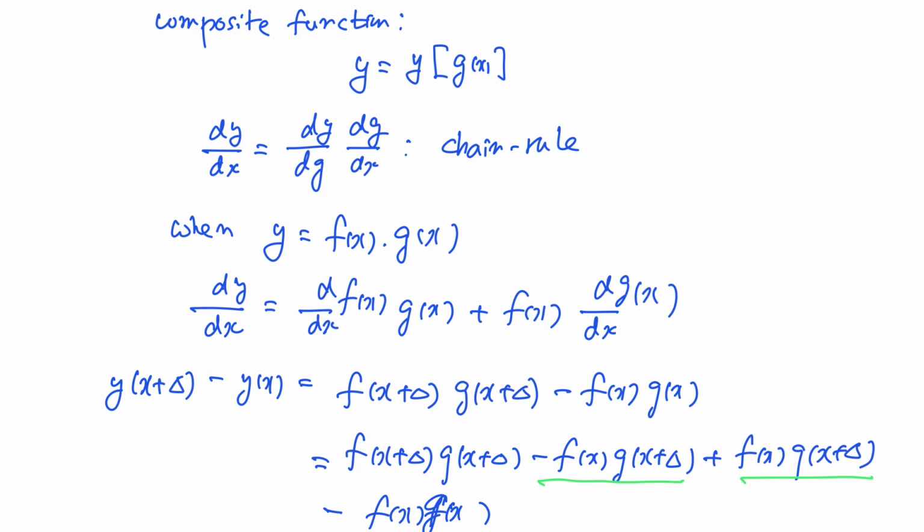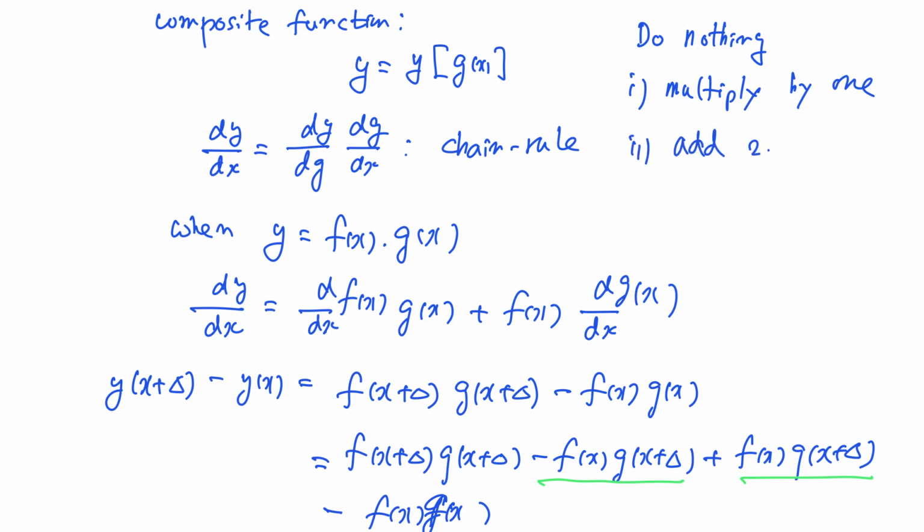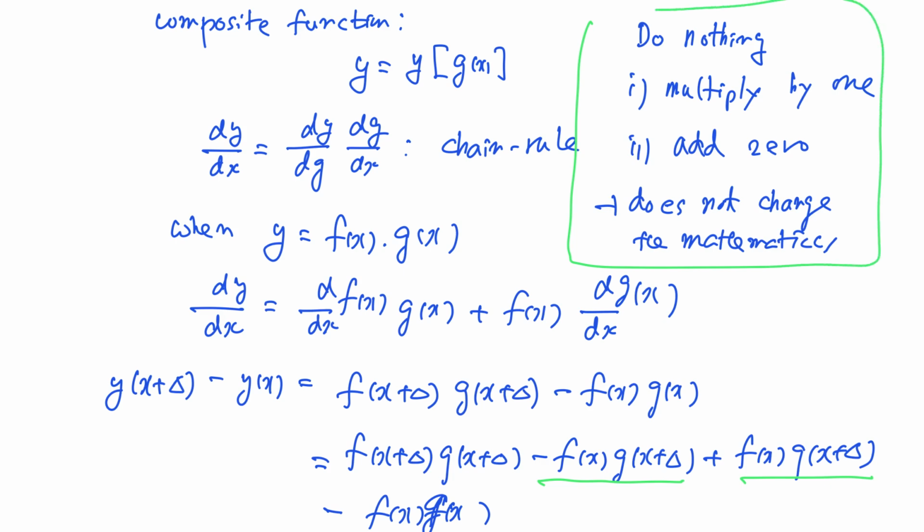I coined the term called do nothing, which is multiply by 1, add 0. It does not change mathematics. So in many cases, we can use the principle of do nothing.